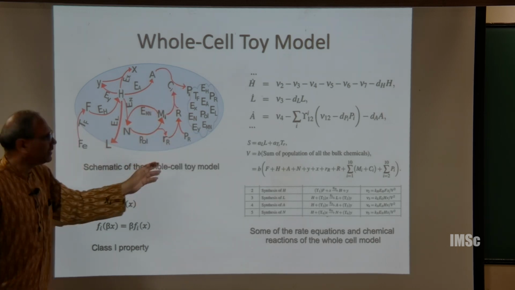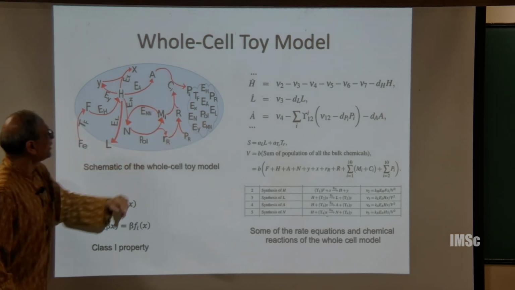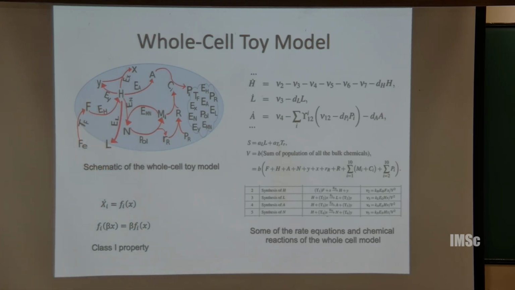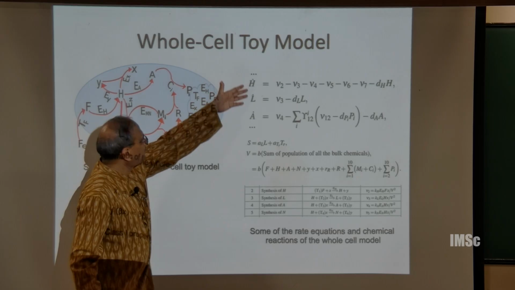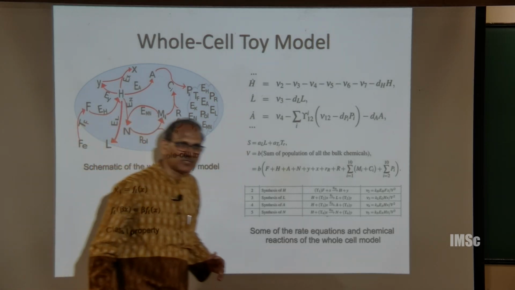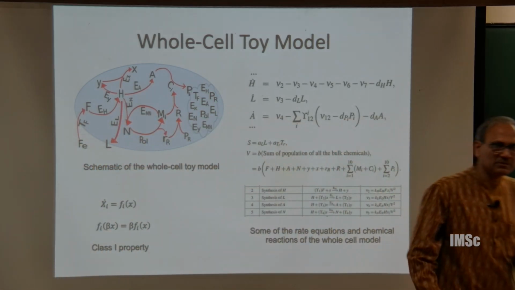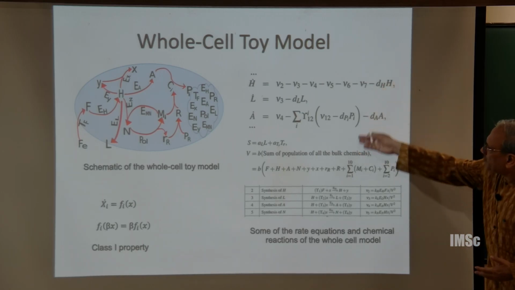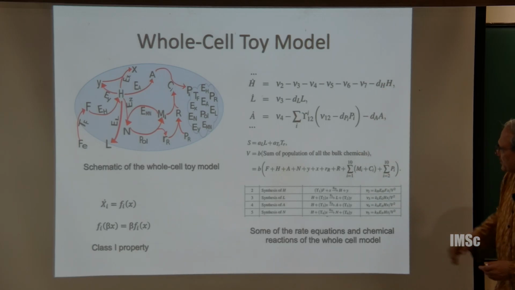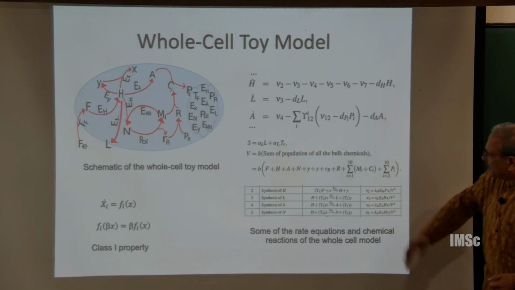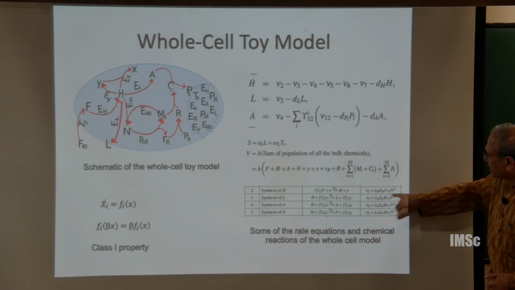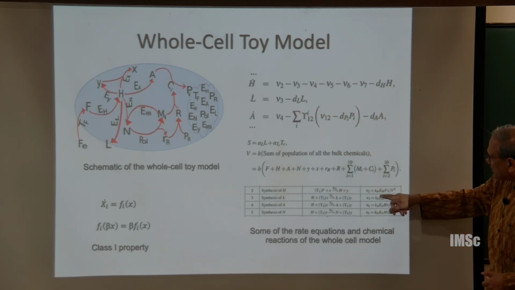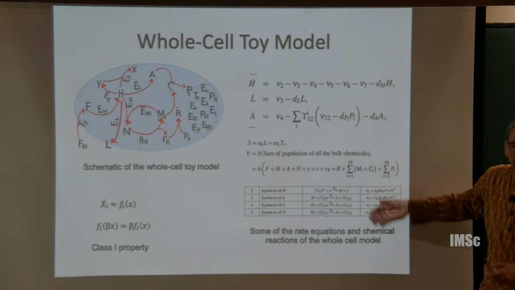There is the RNA polymerase. So many cellular variables, and you have these reactions in which these chemical species are being produced and consumed. So you have these nonlinear differential equations, and these nonlinear differential equations have nonlinear terms inside. That is V2, V3, nu2, etc. These have cubic terms inside them, and so on.